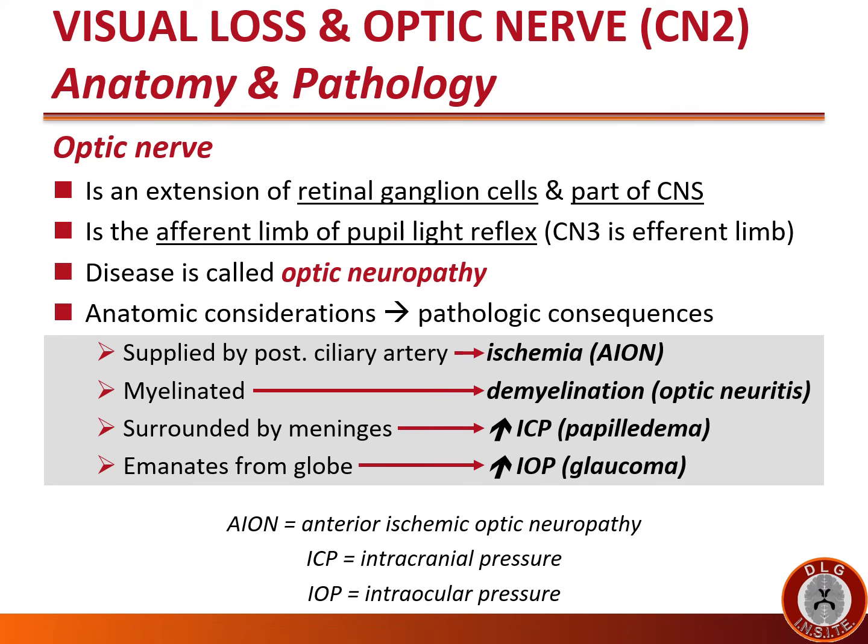Therefore, it's prone to increased intracranial pressure, causing pressure on the optic nerve and damage, and this is called papilledema. And of course, the optic nerve emanates from the globe itself, the eye globe. And the eye can have increased pressure within it. Intraocular pressure can increase. That's called glaucoma. And when glaucoma occurs, it compresses that front head of the optic nerve and causes visual loss.